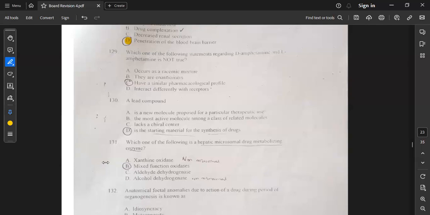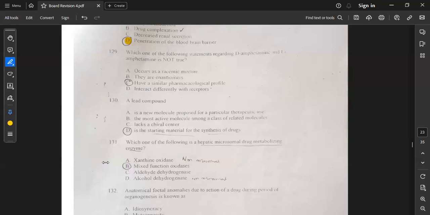Sami has sent it on the chat. Okay, there's phenytoin, phenobarbital, rifampin, carbamazepine, griseofulvin, androgens, imipramine, chloral hydrate, polycyclic aromatic hydrocarbons, smoking, coffee, and tea.